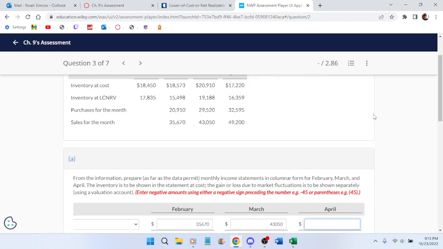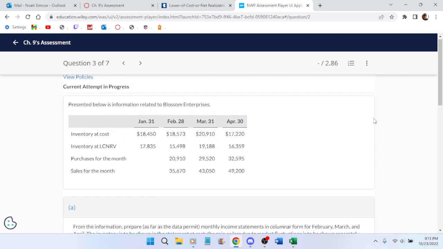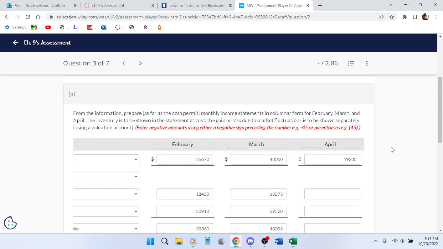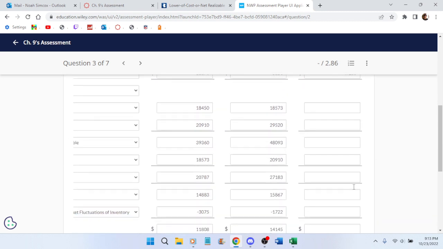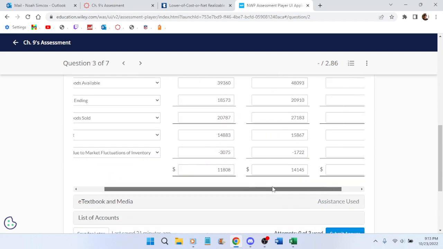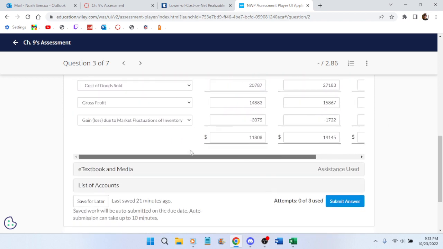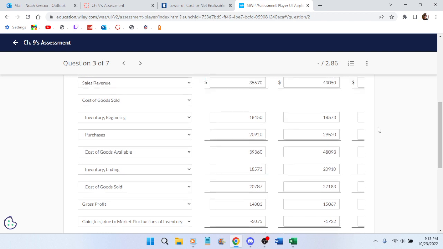Also, it's hilarious that I can't see it. 49,200. I can't even see. Dang it. Okay.